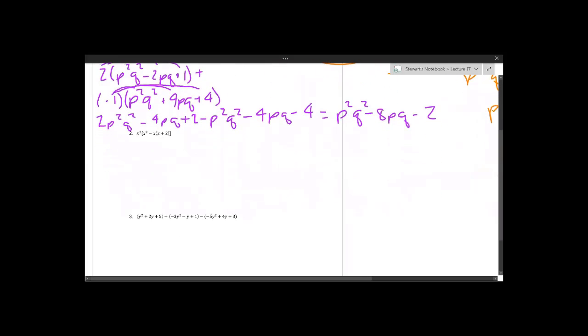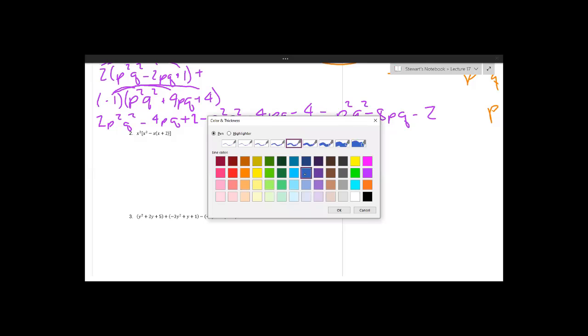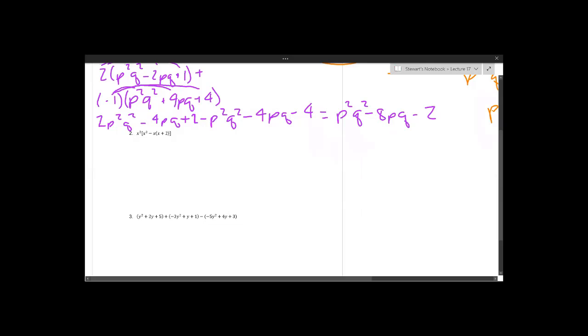Okay, so the next one is a little bit different, but it's the same idea. We have to evaluate parentheses, exponents, multiplication, division, addition, subtraction, follow order of operations. If you notice here, we have an overarching set of parentheses.